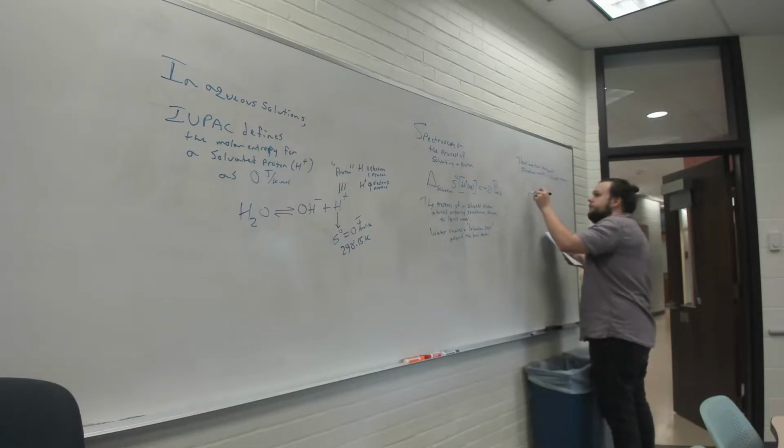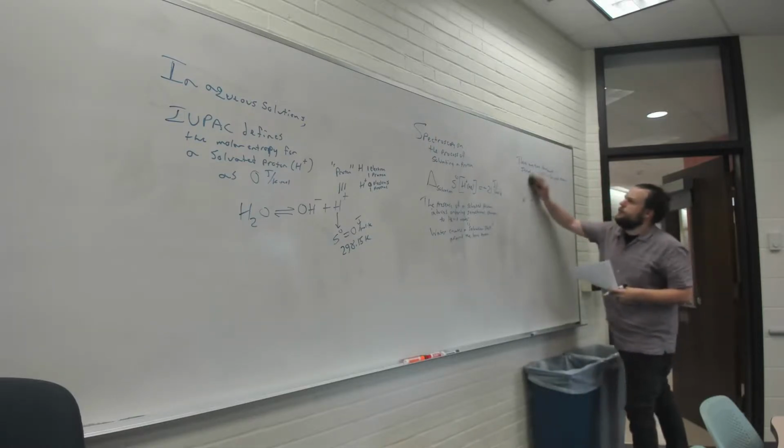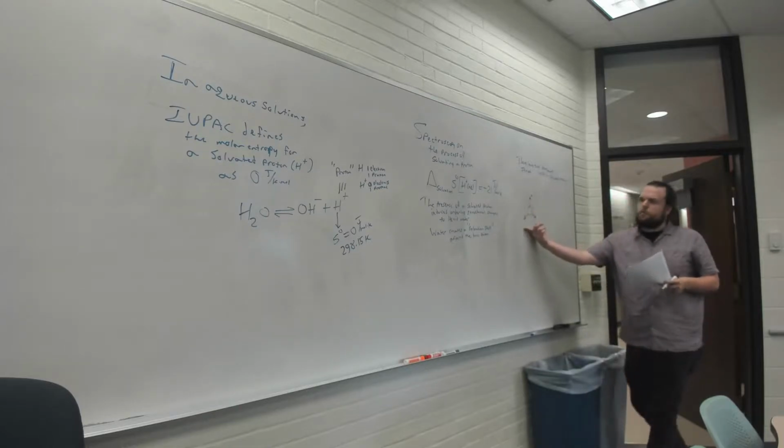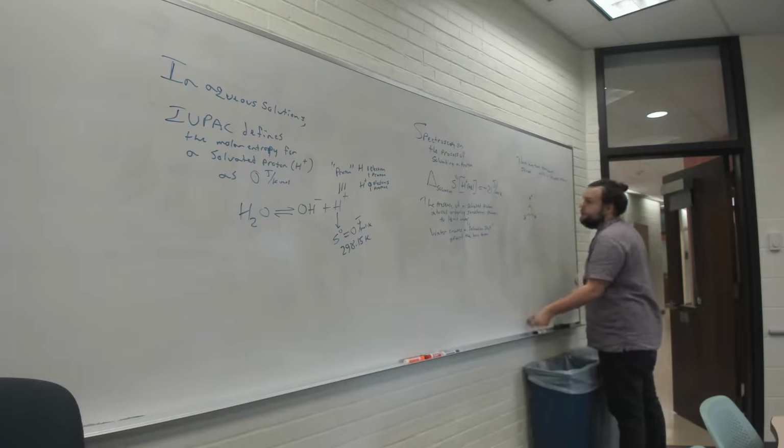So what you have in the middle of the first one is an H3O+. Let me draw this a little lower so I have more room. So here you have this H3O+ molecule in the middle. This is your lone proton. I'll color it in blue.